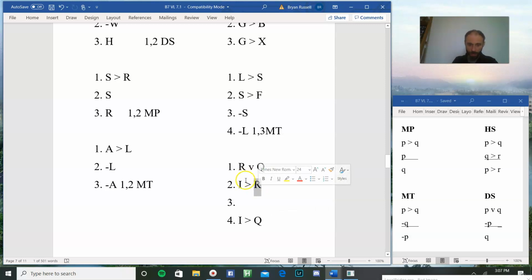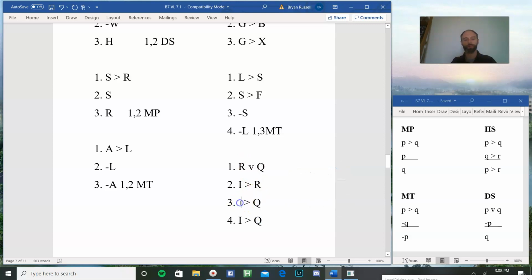And remember, line 1 is useless to us. So we're going to need, after a horseshoe, a Q. So now what do we need before? So then we can carry down the I, we can carry down the Q, and something needs to be crossed out. And the only thing that remains is the R. So we'll need the R to be the same when it's the consequent.